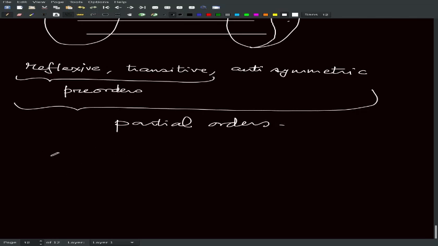So we will start off now studying not a single set X, but a set X equipped with a pre-order relation. So now it is not just a collection of things. It is an extra structure that we are bringing.